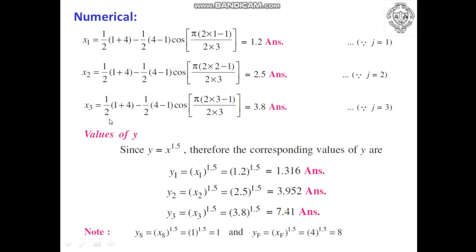Since we have calculated the value of x1, x2 and x3, we can just put the value of x to find out the respective function y. So to find out y1, we have to consider the value of x1. So I will put this value of x1 as 1.2 in this particular equation.